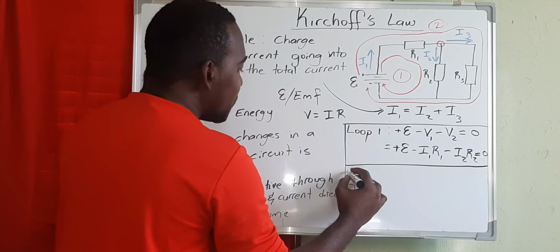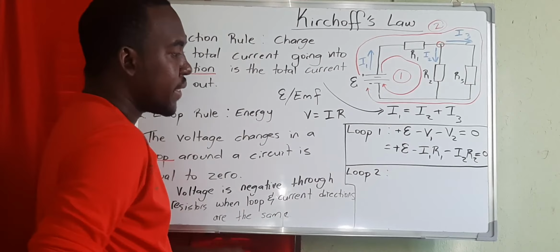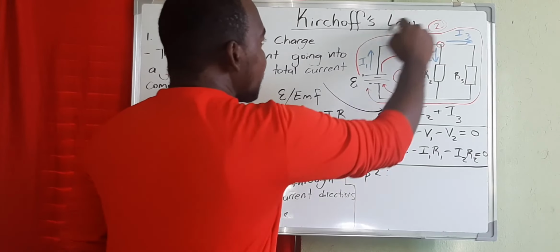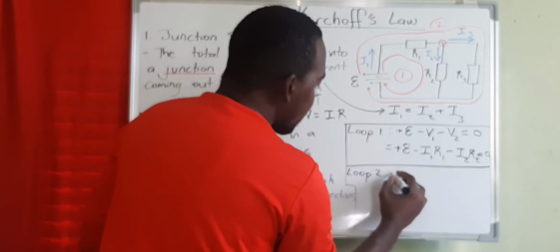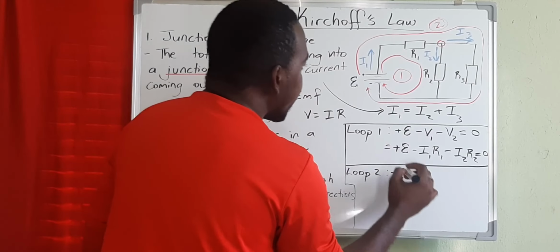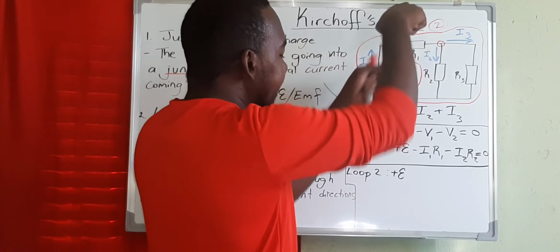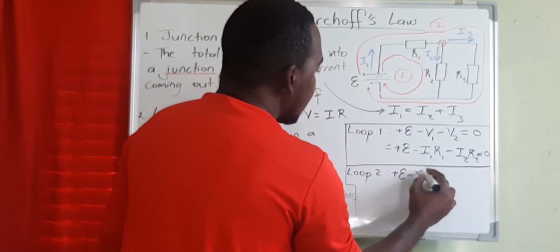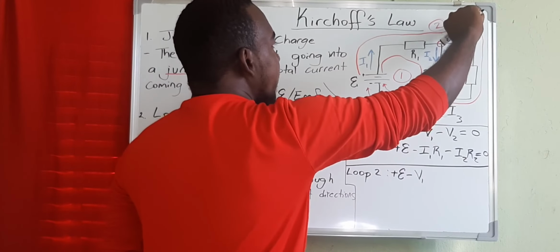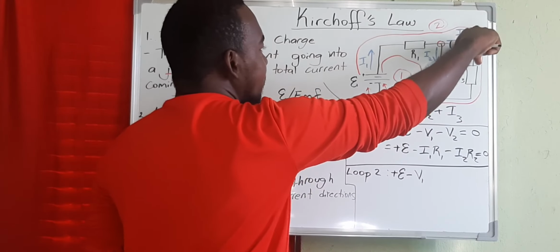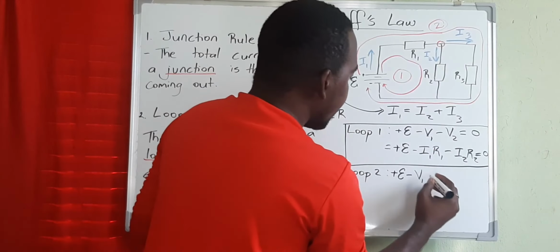Next, we look at loop 2. Again, our loop is going in this direction, which means it's leaving the positive side of the battery. Then it goes through R1 in that direction, and I1 is going that direction. Same thing again, so it's negative V1. Now it passes here through R3, where I3 is going that direction, and our loop is still going in the same direction.